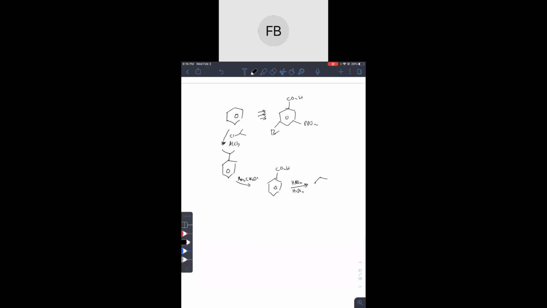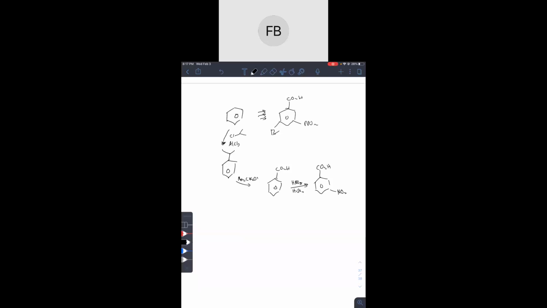I'm going to put this into the meta position from the CO2H. And then that means that the Br is 100% going to go here. So that keeps it really nice. Okay, yes, that is definitely the correct answer.